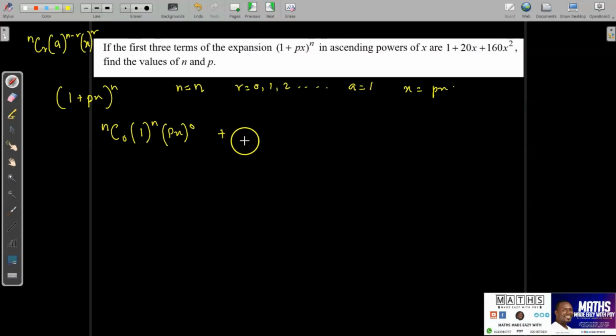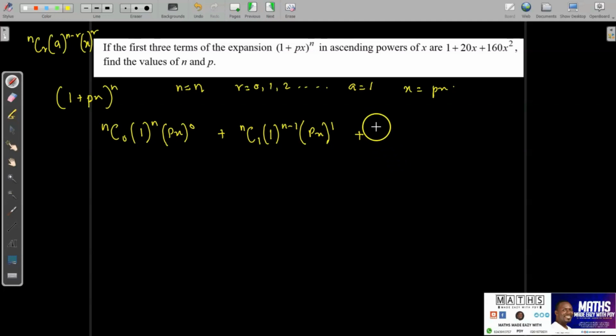Yes, sir. The second term, can someone quote the second term for me? N combination 1. Continue. Let's go fast. We don't have time. 1 raised to the power n minus 1. Good. px raised to the power 1. Thank you. The third term, quote it.